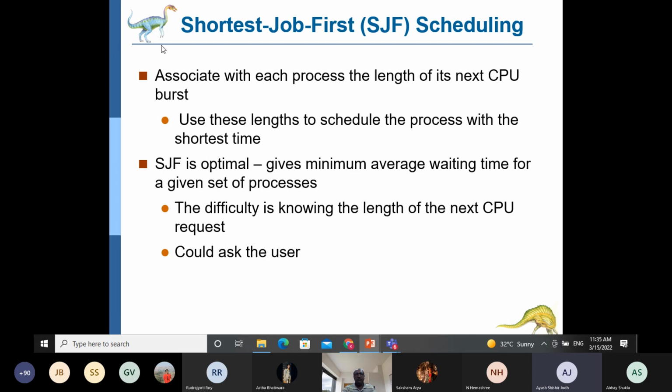That was the concept of shortest job first scheduling. It means that among the processes, whichever requires less time is given to the CPU first for its execution.